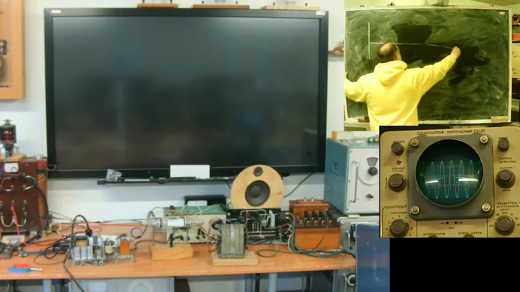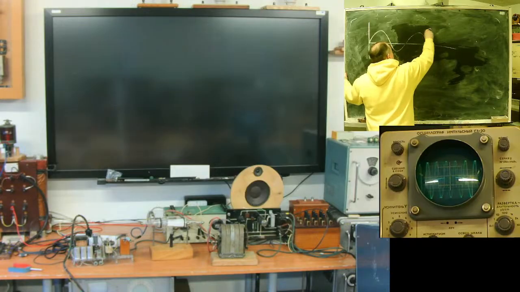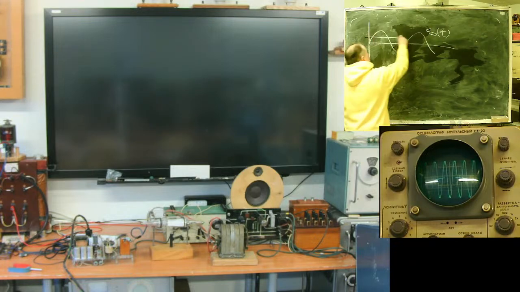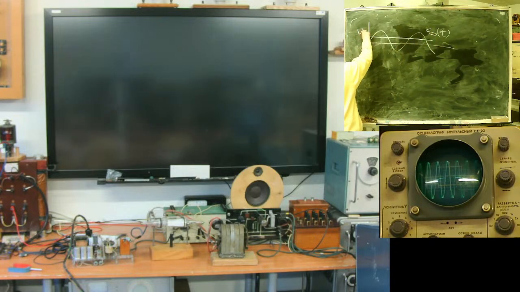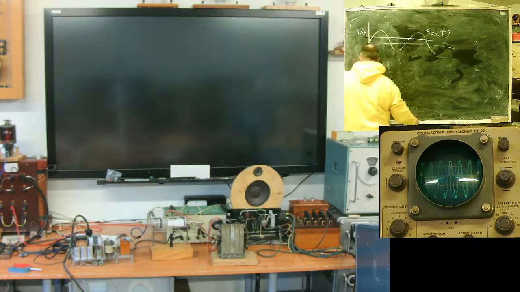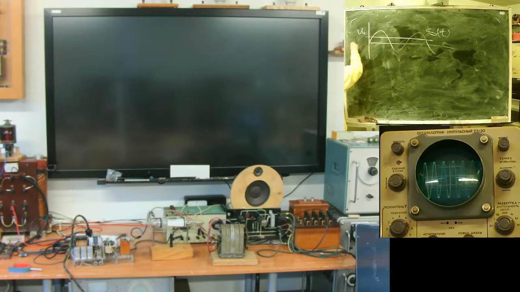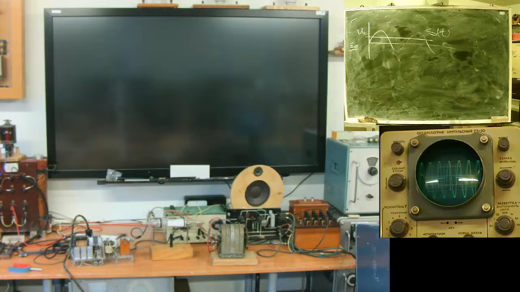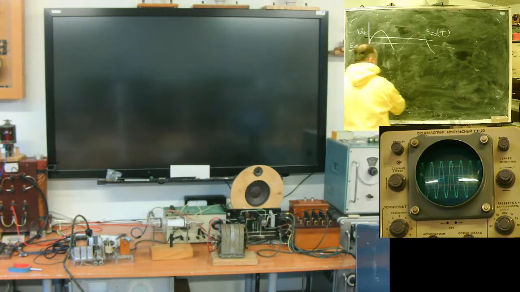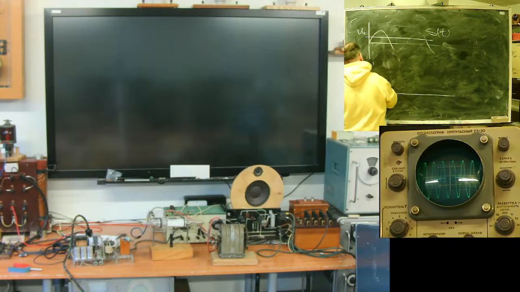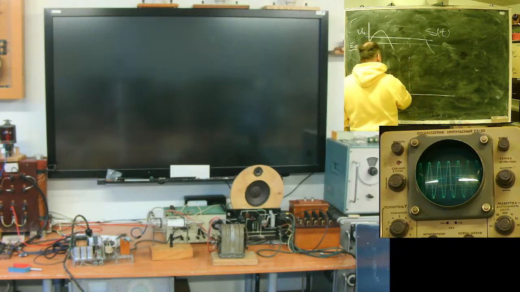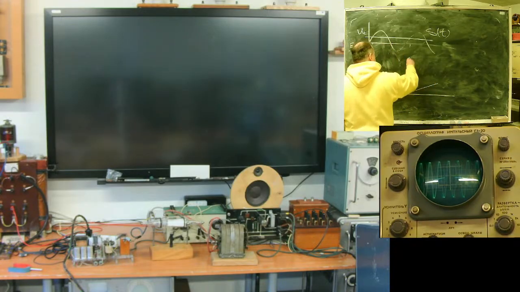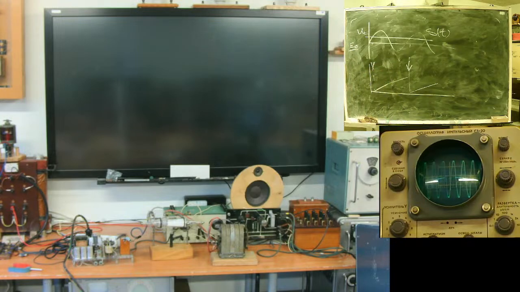Here is my observable signal. It can be UT or E0, some Z0, no problem. Voltage of synchronizer. Trigger. Special triggering circuit.